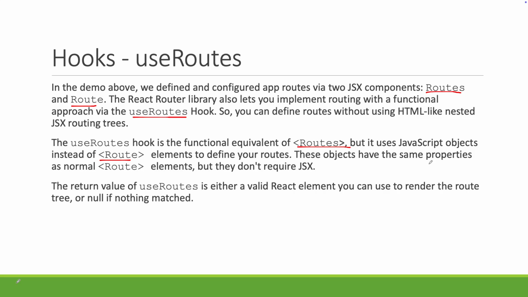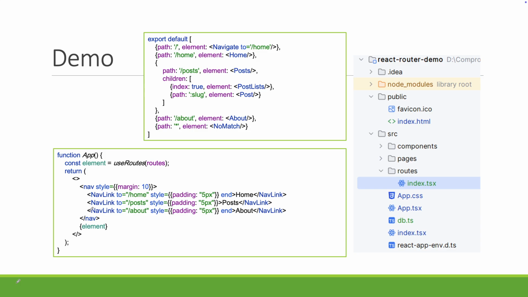These objects have the same properties as a normal route, like path and element. So it doesn't require JSX. The return value of useRoutes is either a valid React element we can render to a route tree, or null if nothing matched.